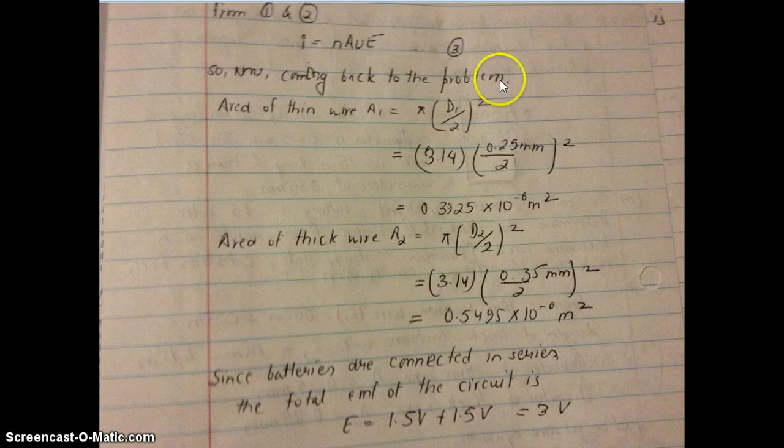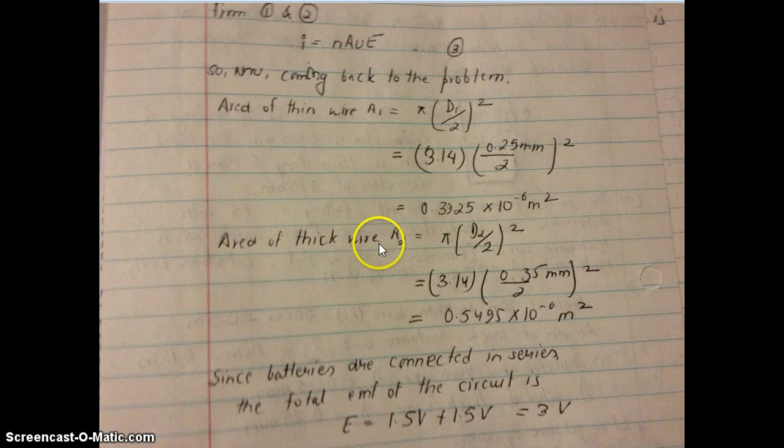Now coming back to the problem, we can get the area of the thin wire A1 to be pi r squared, where r can be written as d1 by 2, and putting in the values given, it comes out to be 0.3925 times 10 to the power minus 6 meter squared. You need to be really careful about the units here, because if you do something wrong with the units, then the value will be different.